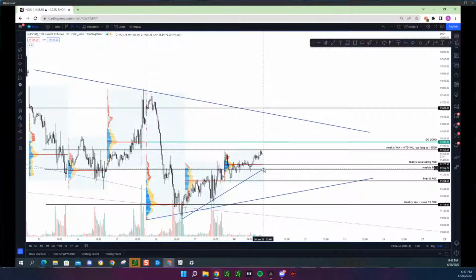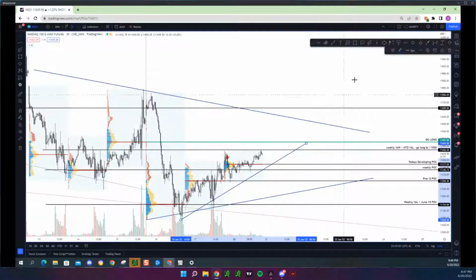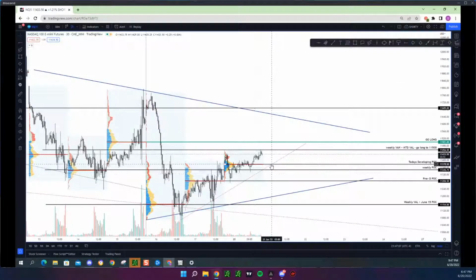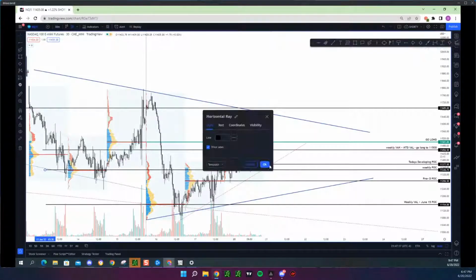Or, you know, if you extend this here, make this one dashed. If we are able to break this maybe here, you can definitely short it, but I do suggest maybe getting a little bit of confluence over that higher low, short it right below it. You can use the weekly POC break. So it would be kind of go here.